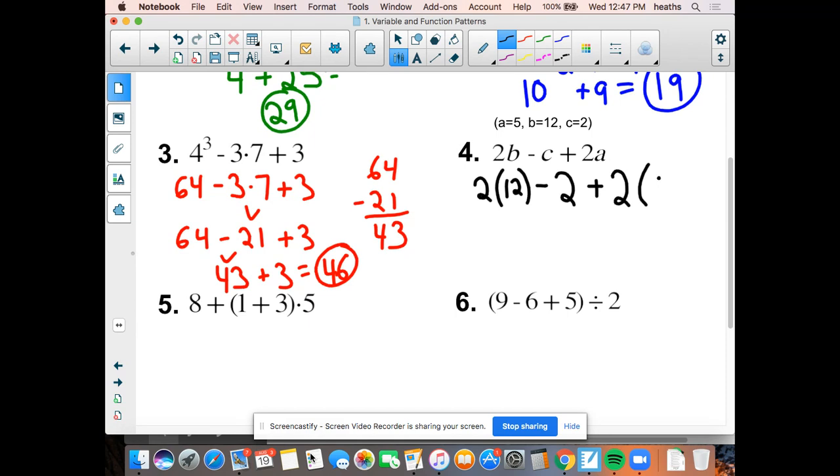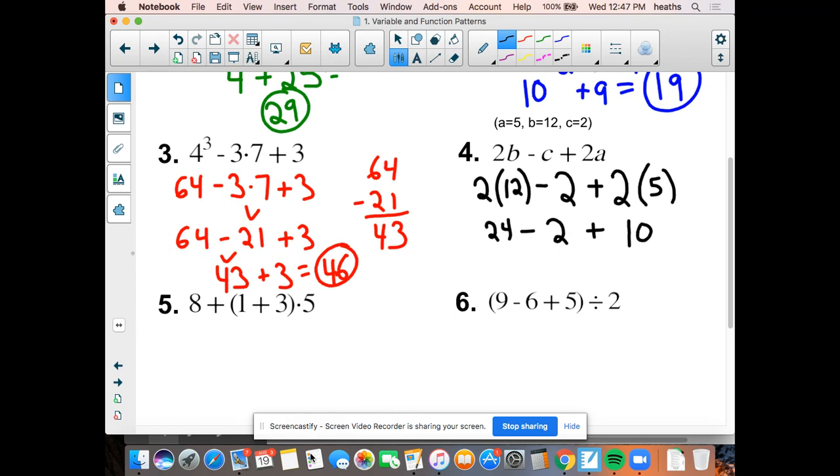We're going to put it in parentheses, and a is 5. Now we have a couple different parentheses, so let's get those out of the way. 2 times 12 is going to be 24, and 2 times 5 is going to be 10. Let's drop the rest of our problem down. 24 minus 2 plus 10.